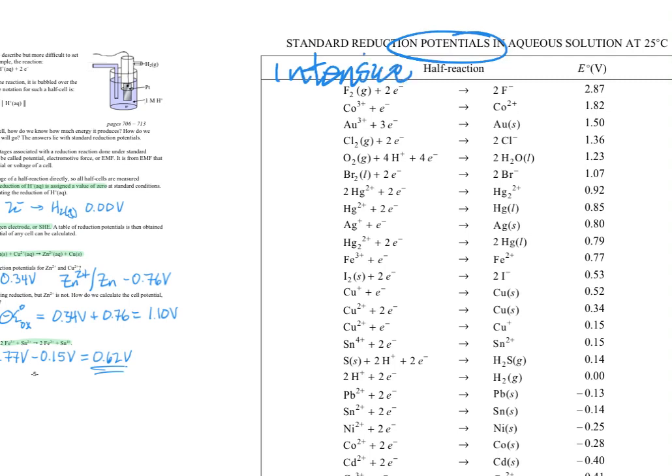And what that means is it only depends upon what the species are, not how much of them there is in the system. So whether you have a milligram of iron 3, a gram, a kilogram, a ton of iron 3, it's going to produce that 0.77 volts, regardless of how much you have, because it just matters that it's iron 3 turning into iron 2.